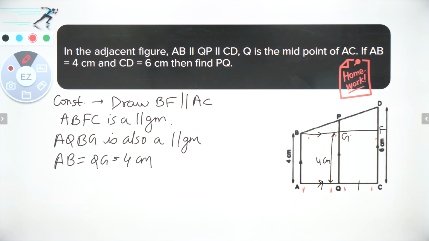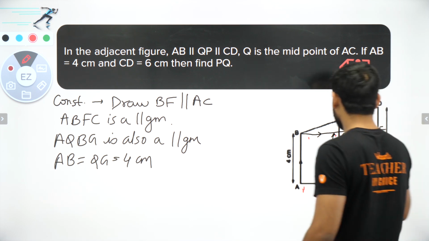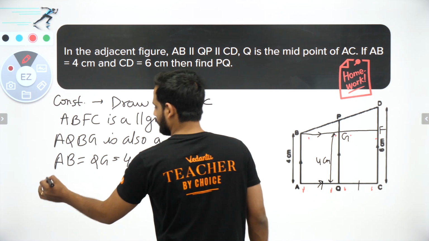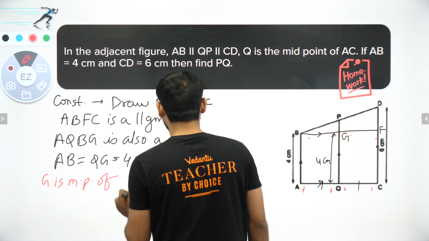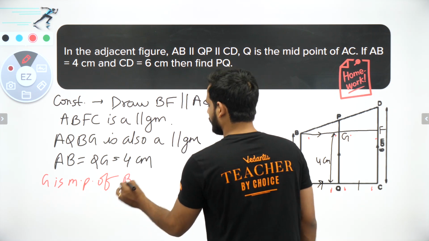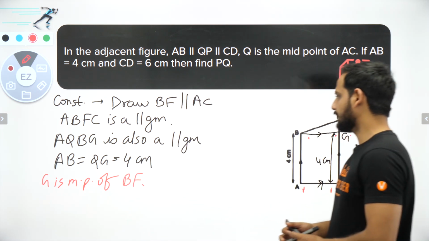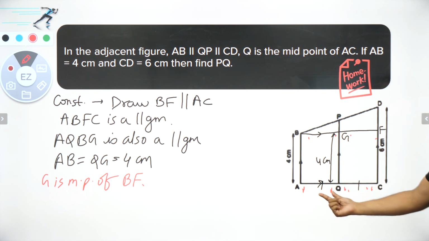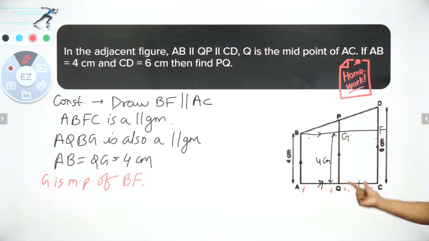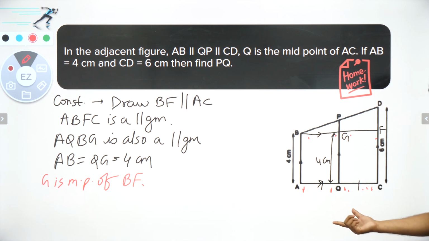Then GF is equal to QC, and GQCF will also be a parallelogram. So if it is a parallelogram, QC is equal to GF. So AQ is equal to BG and QC is equal to GF, that means G is also the midpoint, right?